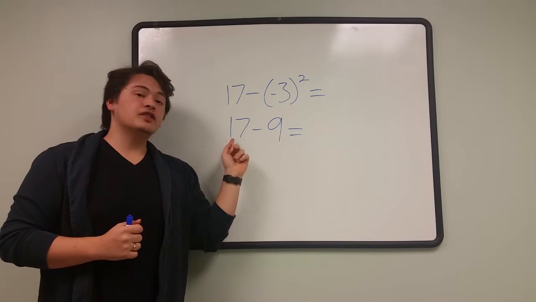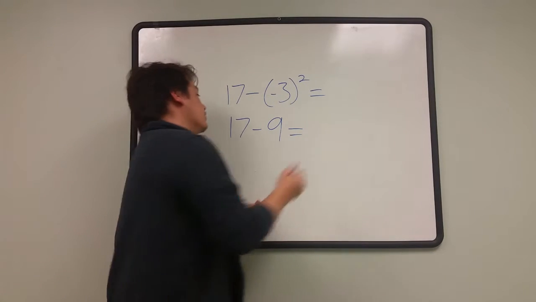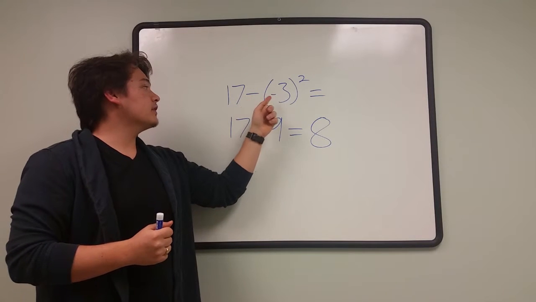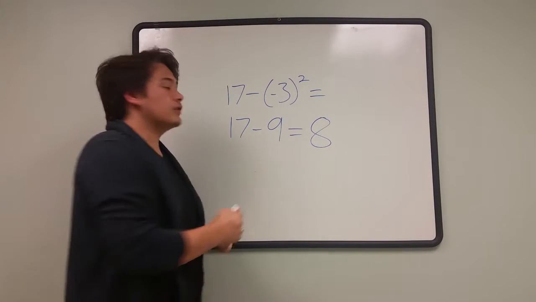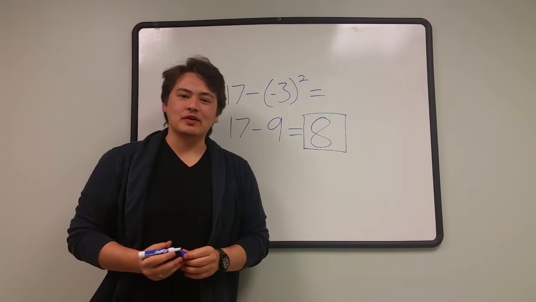So now the question is 17 minus 9, which is going to equal 8. So 17 minus negative 3 squared is going to equal a positive 8. And this is my final answer.